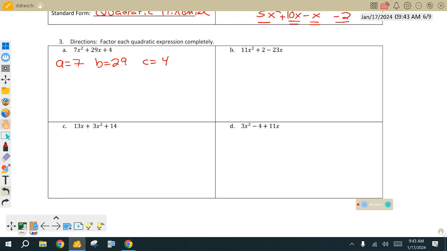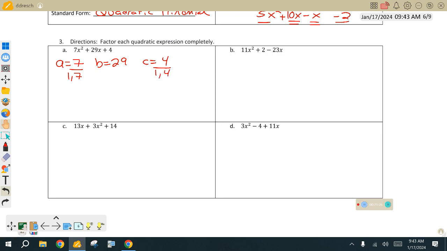You're always going to identify the factors of A and C. A and C are always created through multiplication. So list out the factors of 7. How can you get 7 through multiplication? 1 and 7. Always list out the factors of C. How can you get 4 through multiplication? 1, 2, 4, I heard. So 1 and 4.